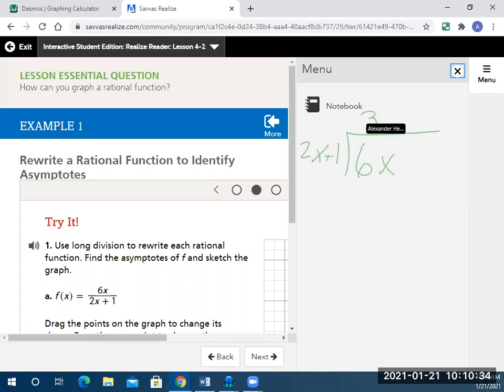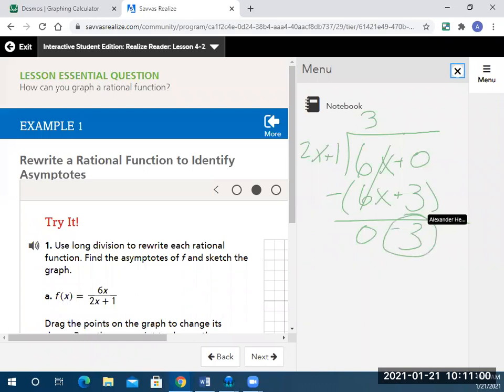3 times 2x is going to be 6x. And we're subtracting, right? And then what's 3 times 1? Plus 3, right? We're going to put plus 0, there's nothing here. And then now we have 6x minus 6x. They cancel out, right? That's 0. And then what is 0 minus positive 3? Negative 3.